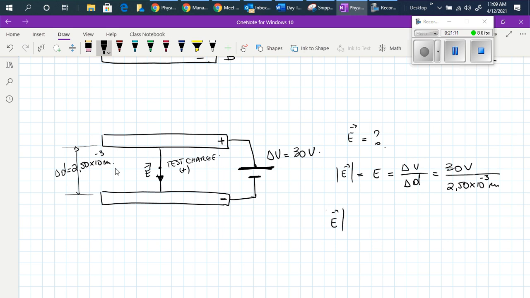So 30 divided by 2.50 times 10 to the power of negative 3. It is 1200 volts per meter, or you can say 1.20 times 10 to the power of 3 volts per meter.